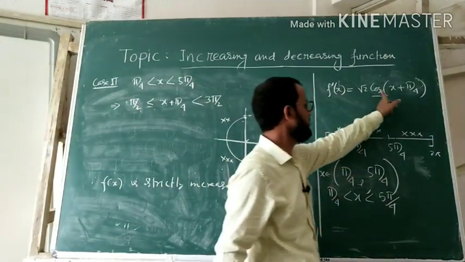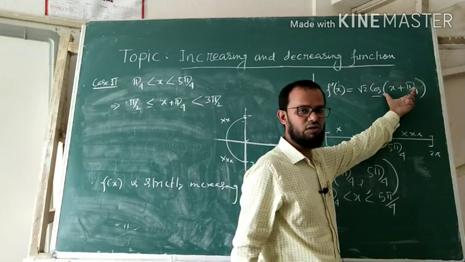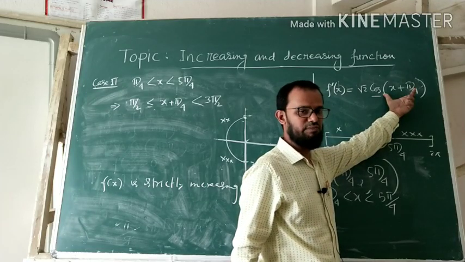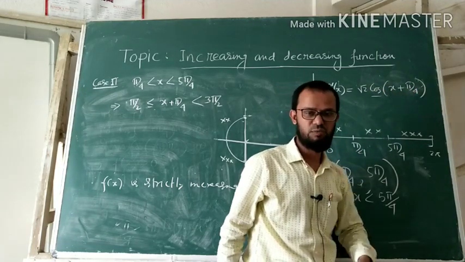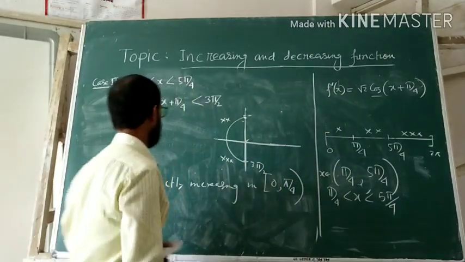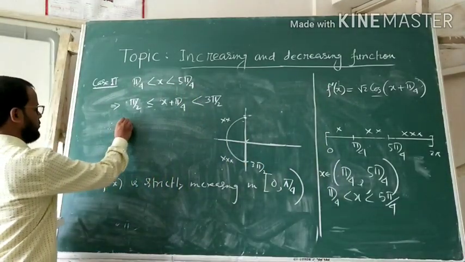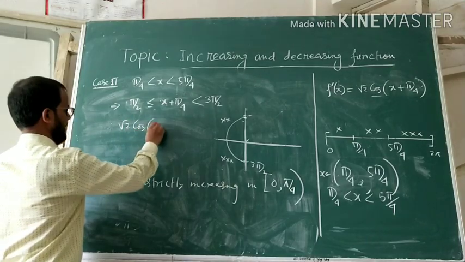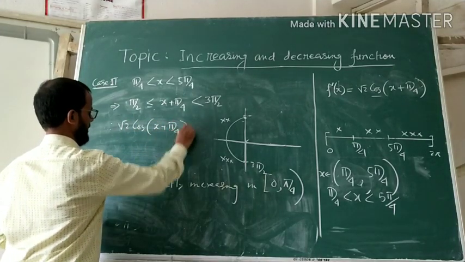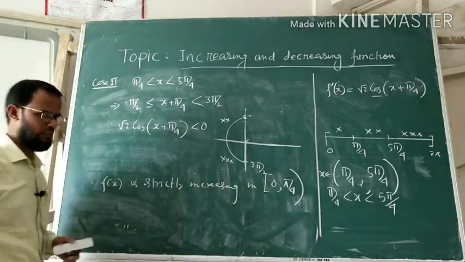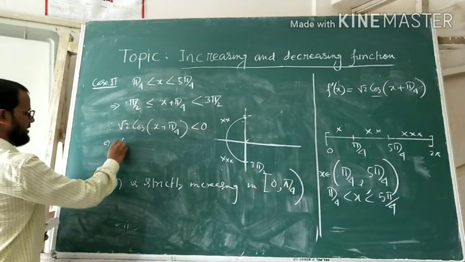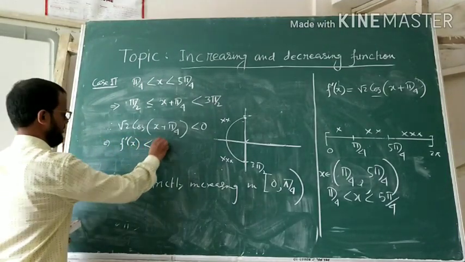So, you can conclude that within this interval, cos of this angle is negative. And if you multiply it by root 2, a positive quantity, it is again negative. So, you can write therefore root 2 into cos of x plus pi by 4 is less than 0. It means f dash x is less than 0.